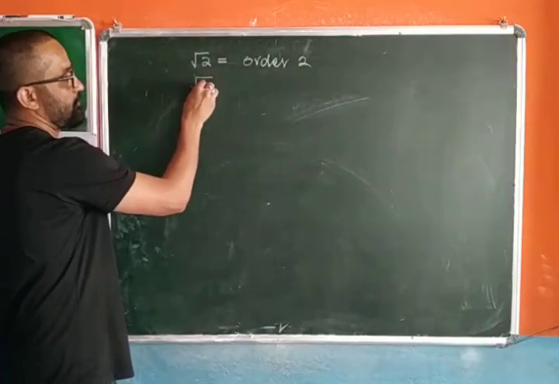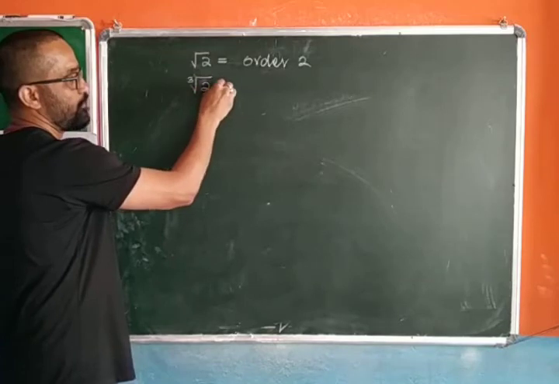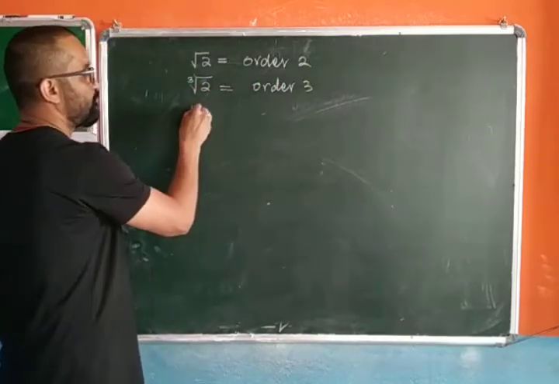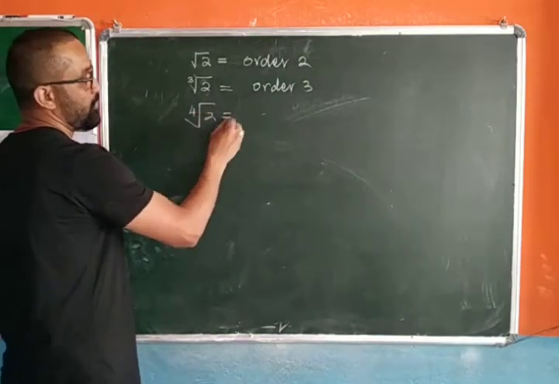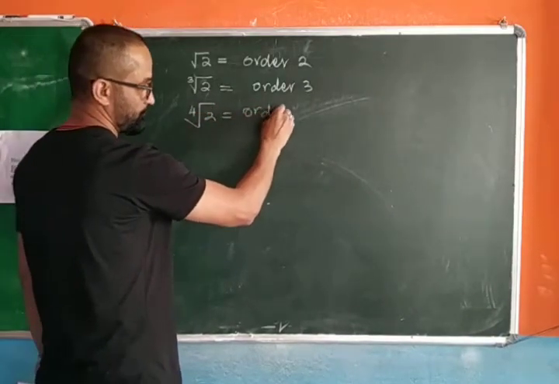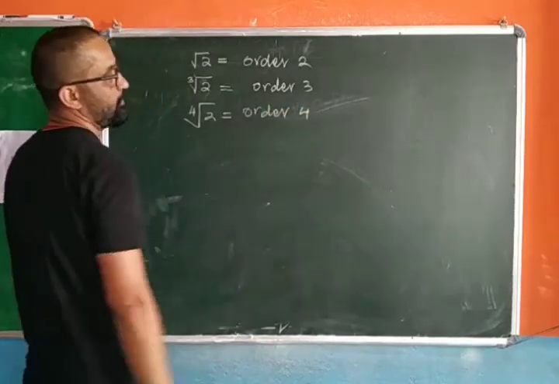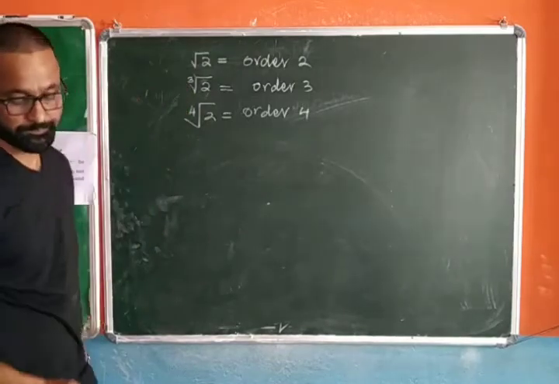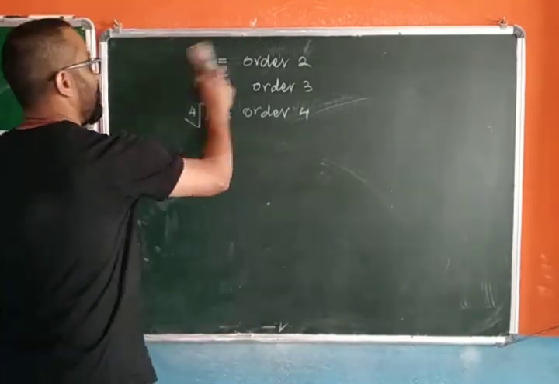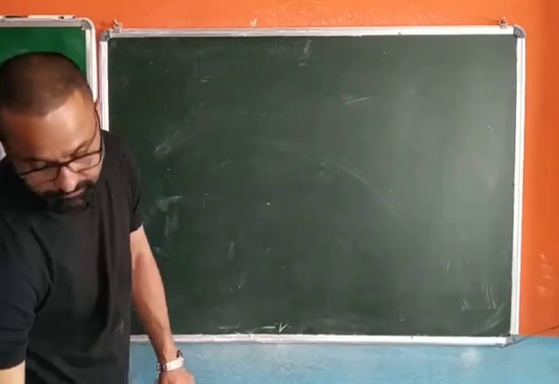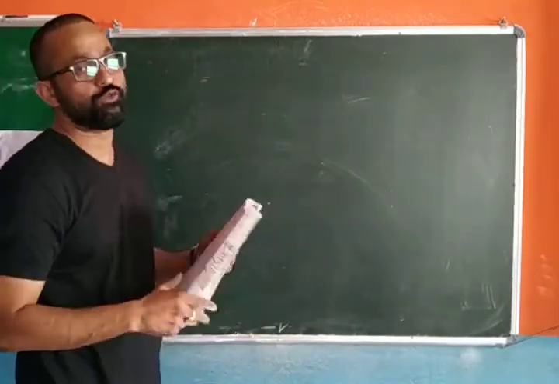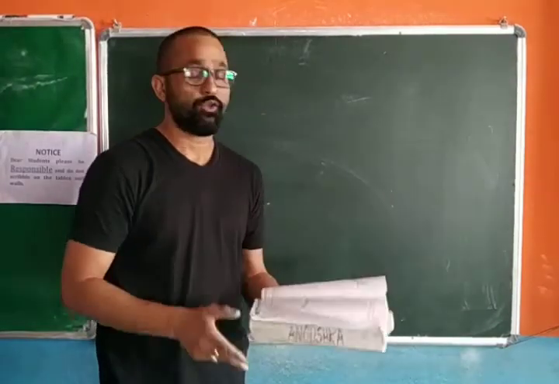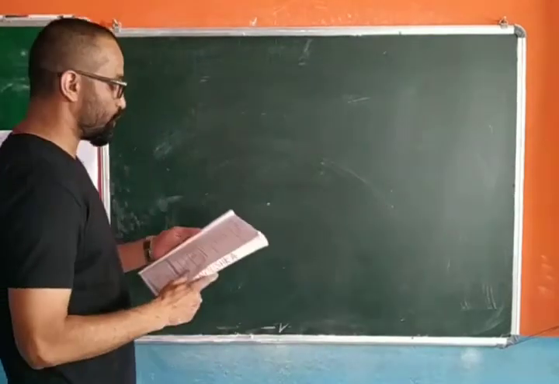If I write cube root of 2, it is a surd of order 3. Fourth root of 2 is a surd of order 4. Square root, cube root, fourth root. Now, facts about the surds of order 2. You just have to practice order 2 only. You don't have to go for order 3 or order 4.